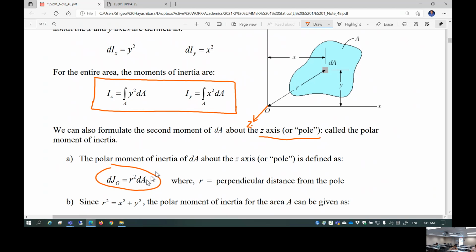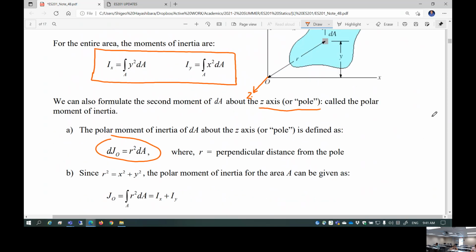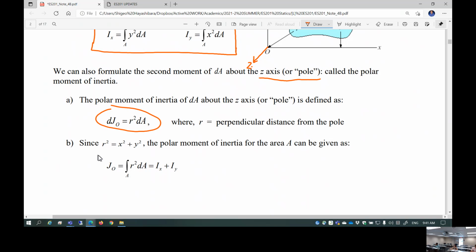So polar moment of inertia, instead of taking x or y, you're taking r, because r squared is equal to x squared plus y squared. So r squared dA, r squared is x squared plus y squared. So basically, polar moment of inertia is a combination of those two.